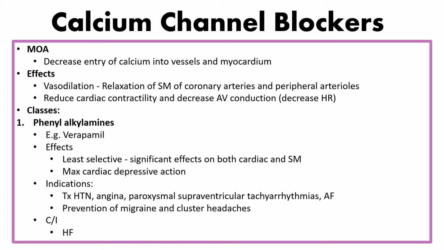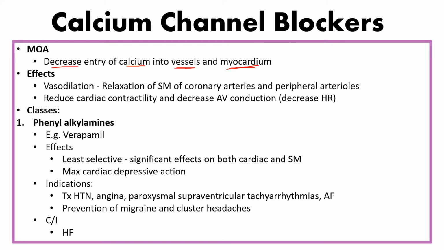Firstly, let's discuss calcium channel blockers. Calcium channels are found in all sorts of different places, but for this discussion, we're going to focus on the calcium channels found in our myocardium and the smooth muscles of our vessels. These blockers decrease the entry of calcium into the vessels and the myocardium.